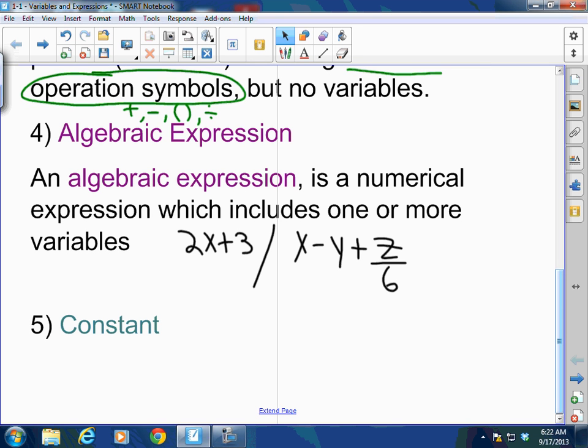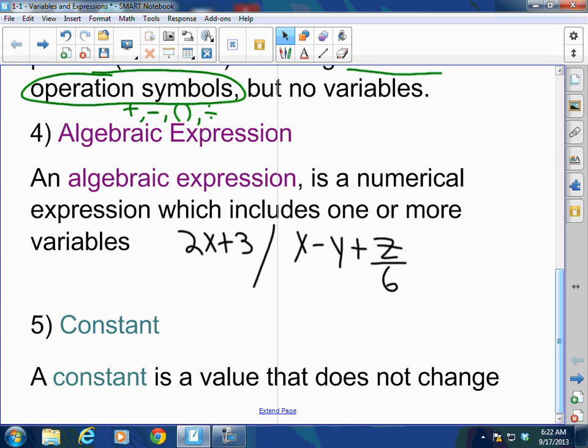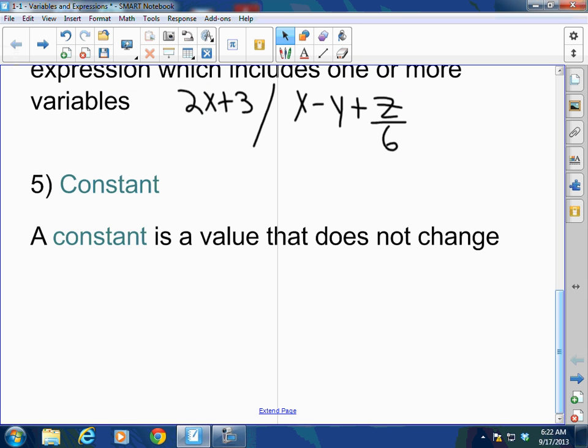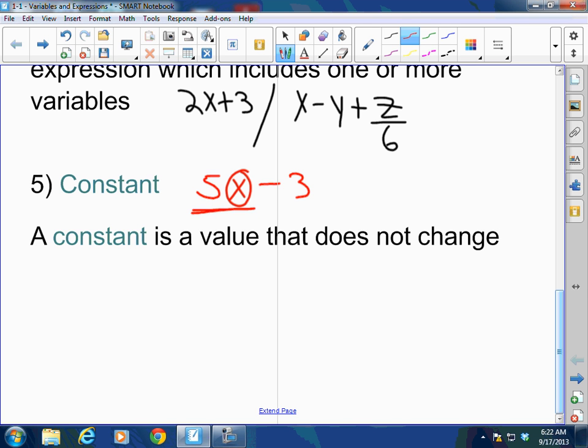And last but not least, a constant. A constant is a value that does not change. So for example, in an algebraic expression, if I have 5x minus 3, the value of this x can change. Therefore, the value of this product, 5 times x, can change. But this negative 3 here, that's forever.